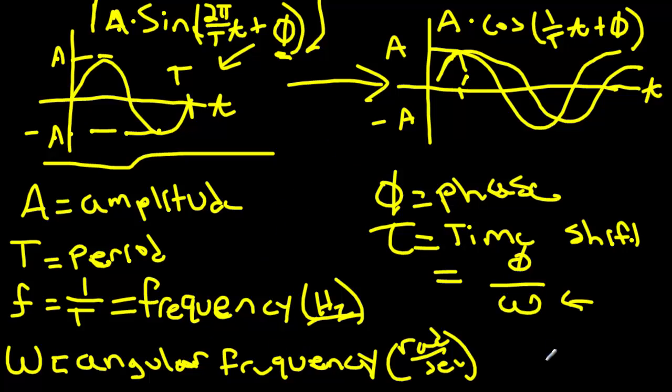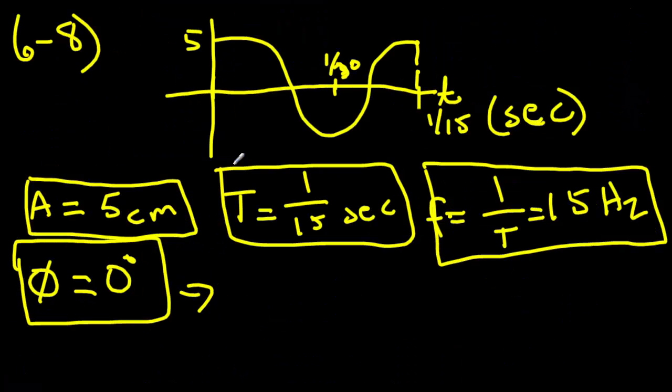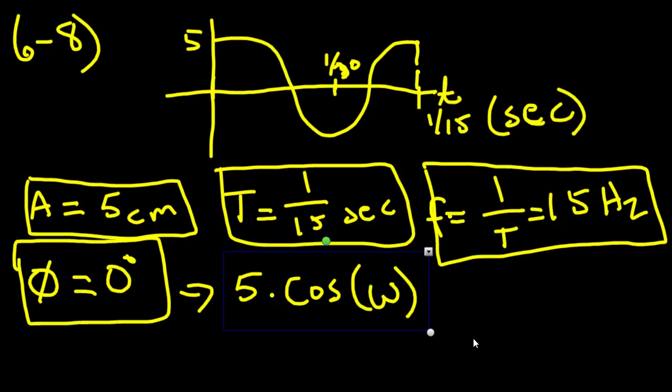So our angular frequency is actually 2 pi f. So really, we could replace this part right here with omega. It looks kind of sloppy, so I'll rewrite it over here. We would then rewrite this as 5 times the cosine of omega t plus our phase angle.